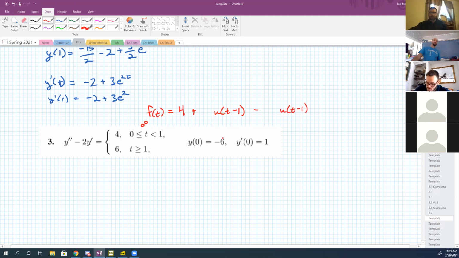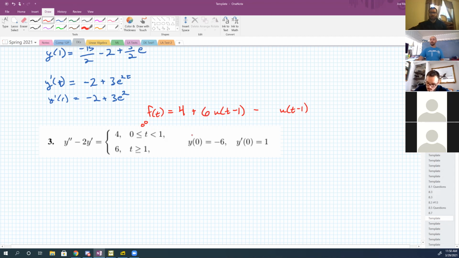Okay, so what does the function turn into at time 1? Turns into 6, right? So what we're going to do at time 1 is we're going to turn 6 on.